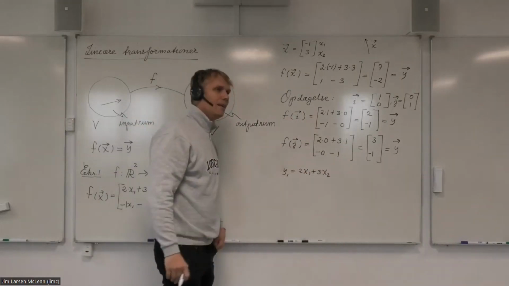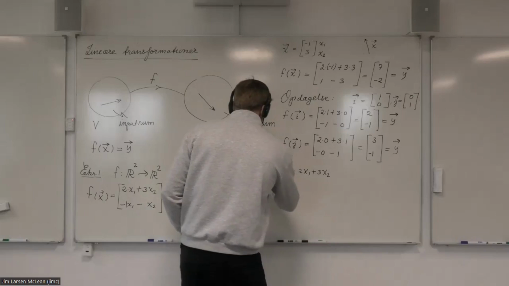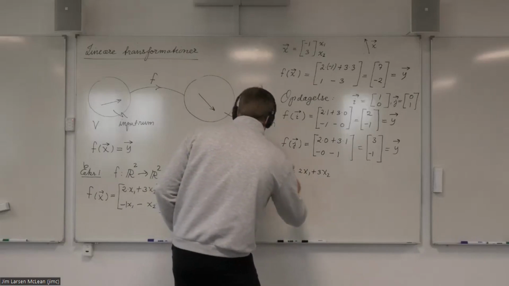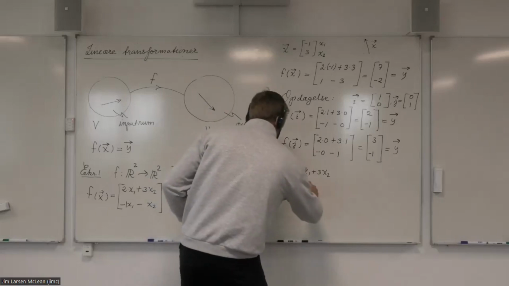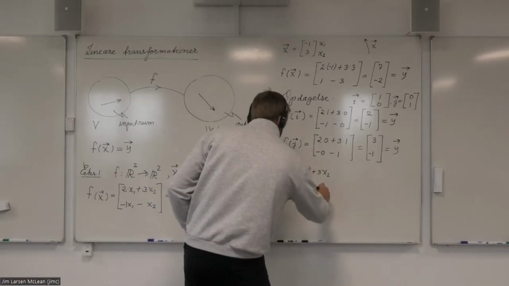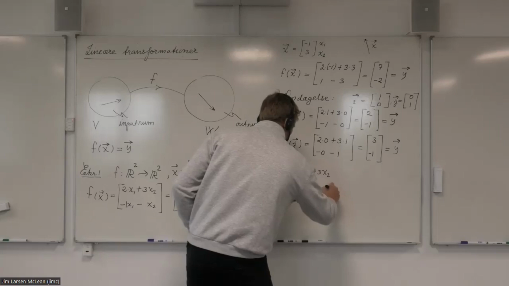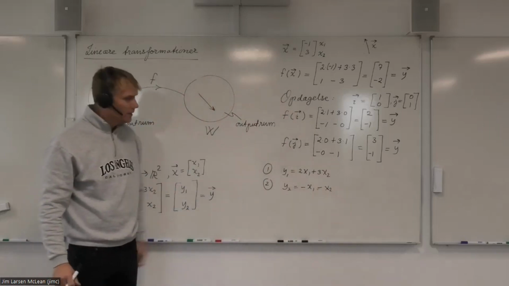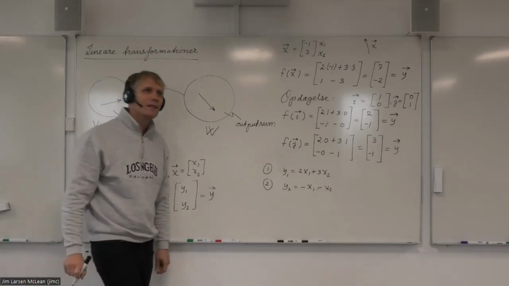It was just an equation. There is another part below, namely y2 is equal to minus x1 minus x2. And two equations with two unknowns, we've worked quite a bit with that here in class.